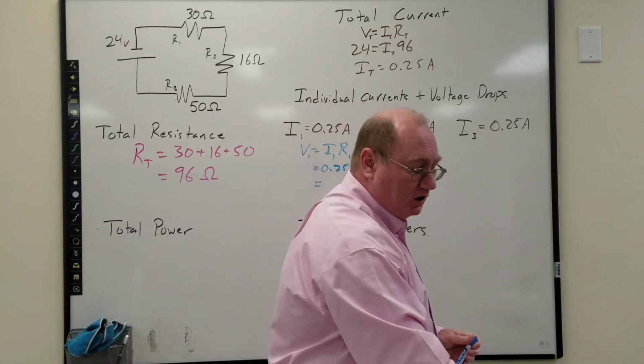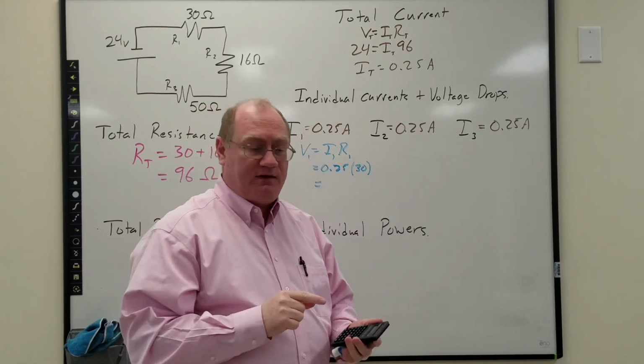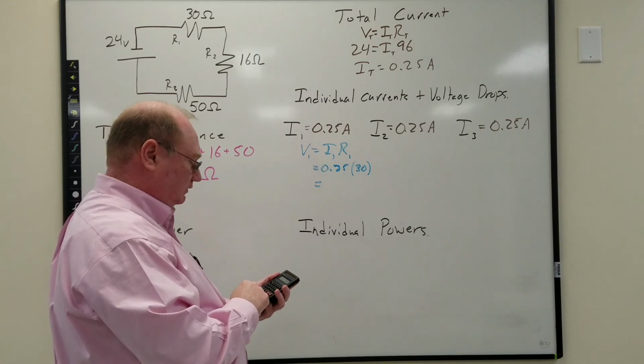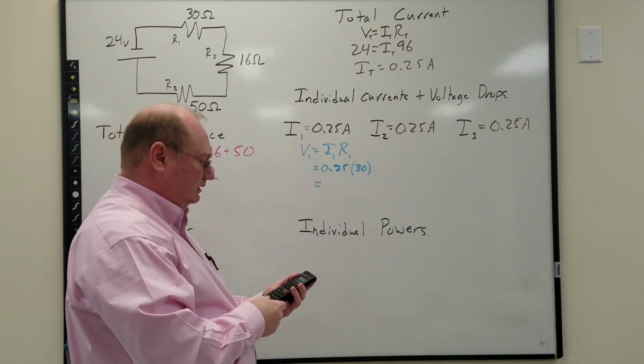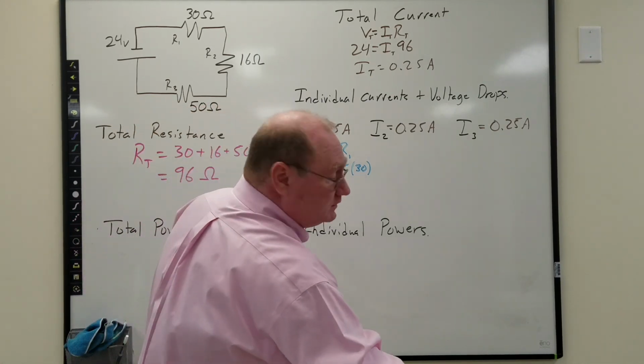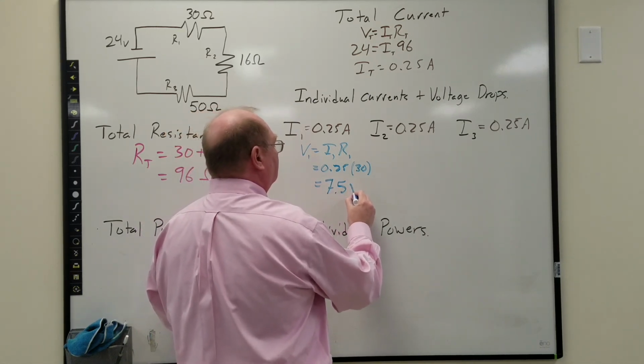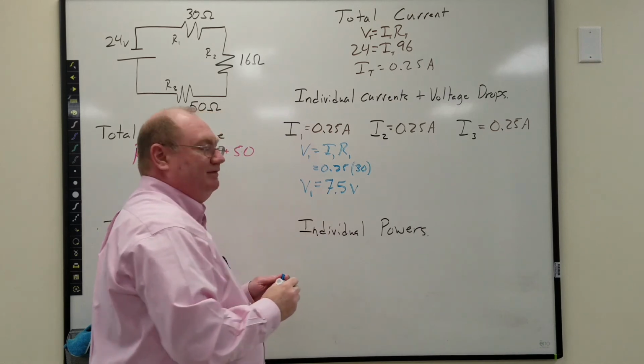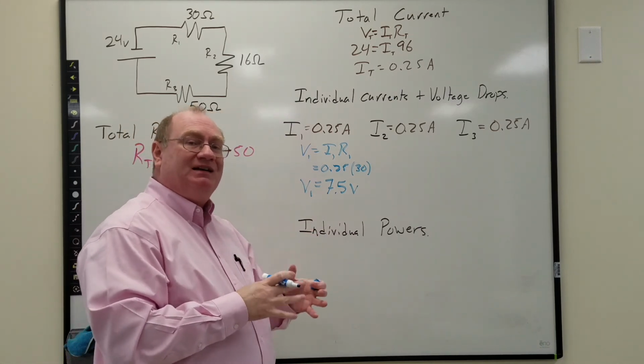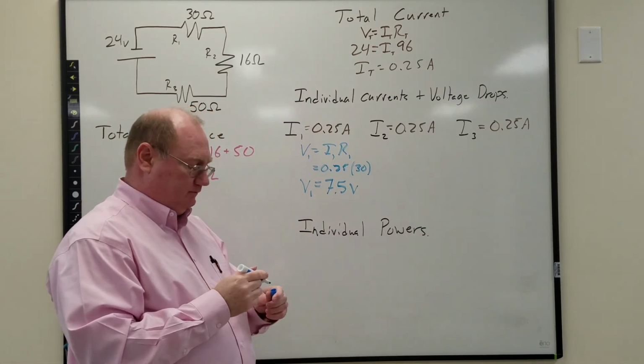So to figure out the voltage drop for that one, simply take 0.25 times 30, and we get 7.5 volts. That's how much of the voltage from the battery this one gets to use.